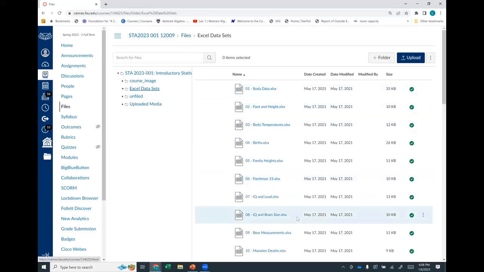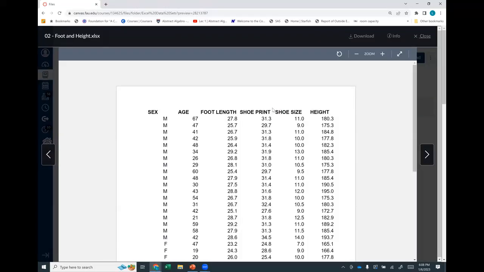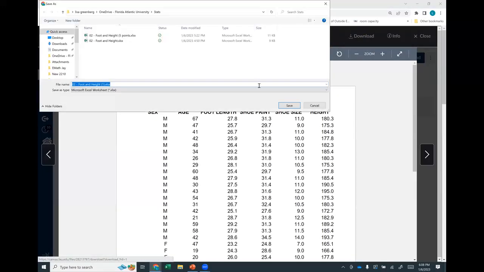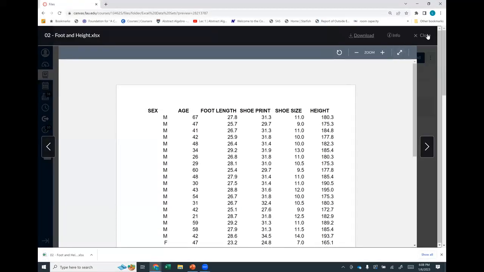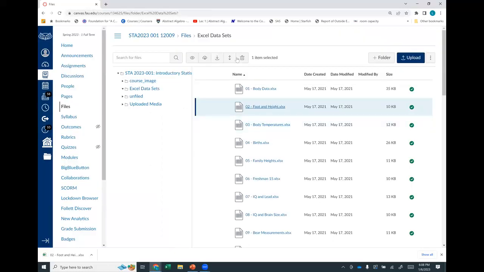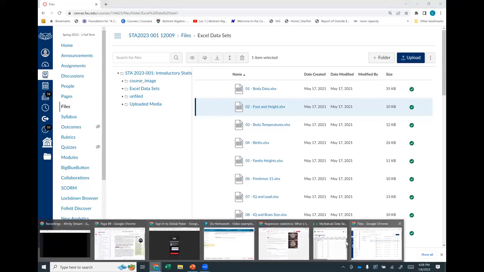And we're going to pull up this foot and height Excel spreadsheet. Okay. And I'm going to download it. All right. And close it. And then I'm going to go back to StatCrunch.